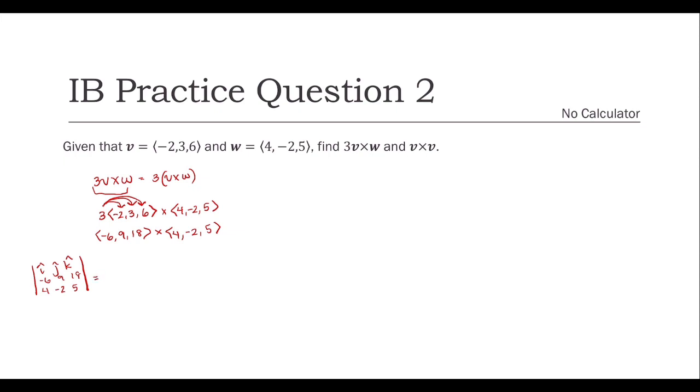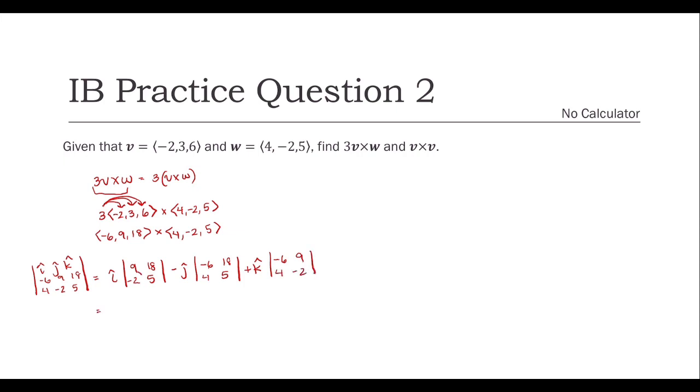So this will equal i times the determinant of 9, 18, -2, 5, minus j times the determinant of -6, 18, 4, 5, plus k times the determinant of -6, 9, 4, -2.